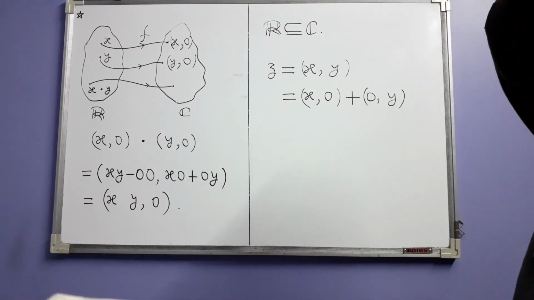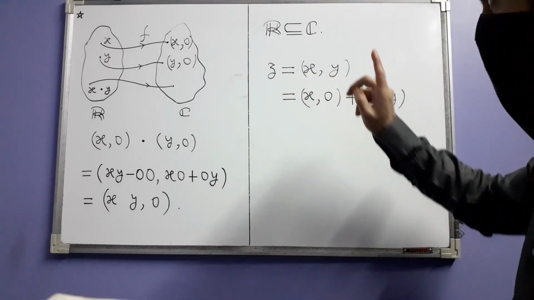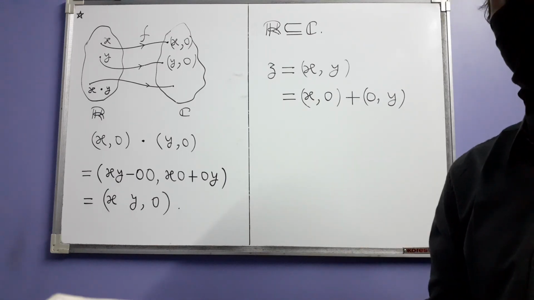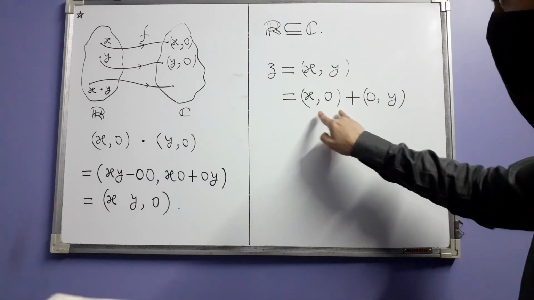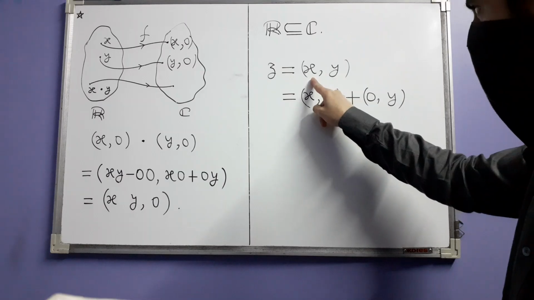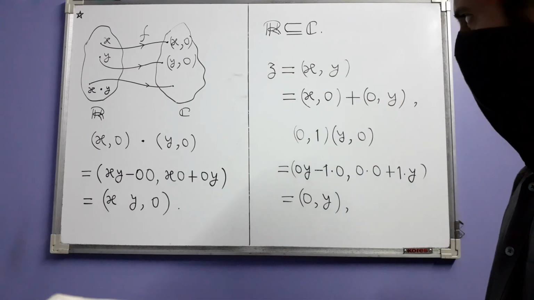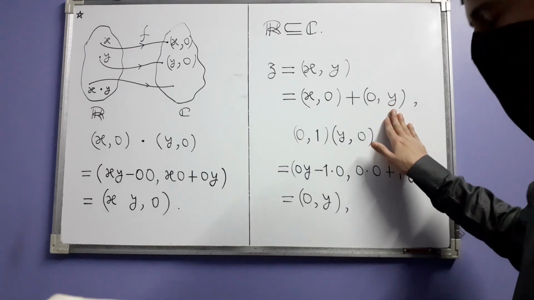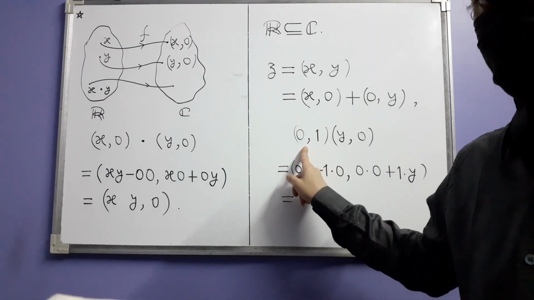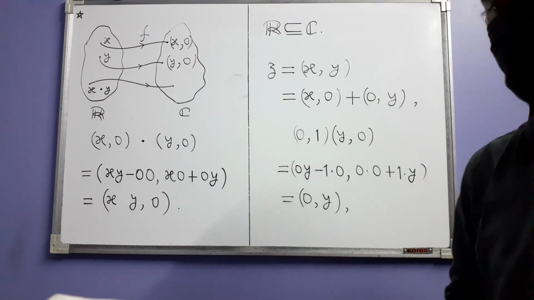Let's see how. Say your complex number is z, which has real part x and imaginary part y. By the definition of addition of complex numbers, this equals this plus this. That's pretty easy to see. x plus 0 will be x and 0 plus y will be y. Okay. Now we keep this calculation hanging here and consider this product of the two complex numbers, the first of which is 0, 1 and the second one is y, 0.